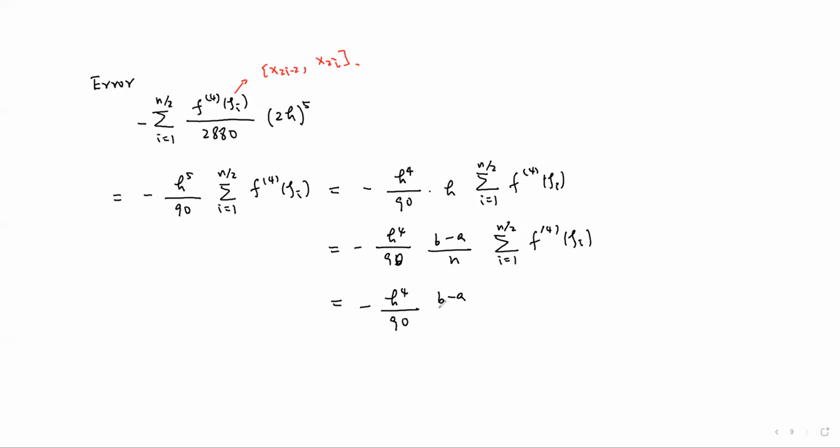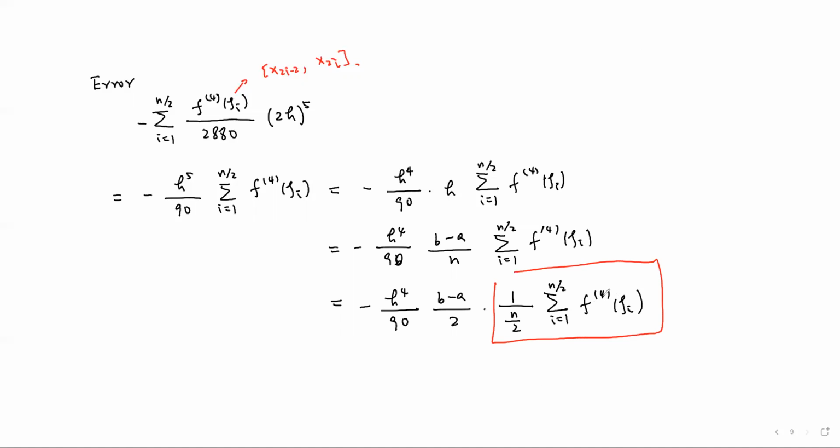Okay, b minus a over 2 times 1 over n over 2 times the sum of f fourth derivative at psi i. Now this is an average of the fourth order derivatives. So I can choose some point psi in AB, this closed interval, such that this average is equal to this.